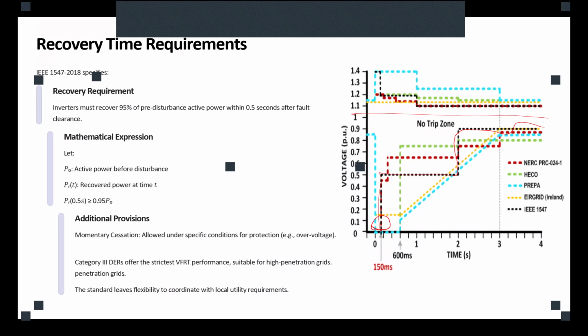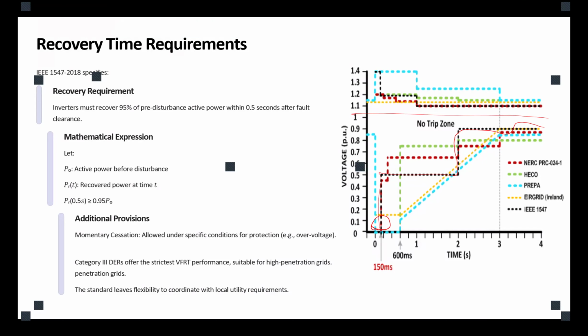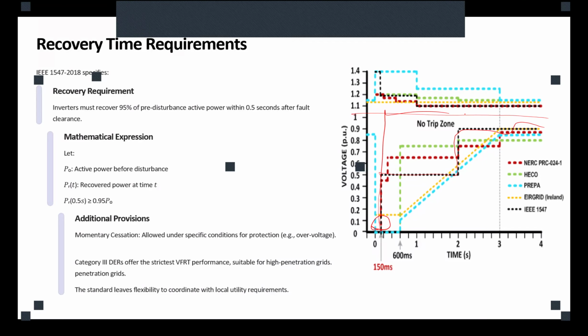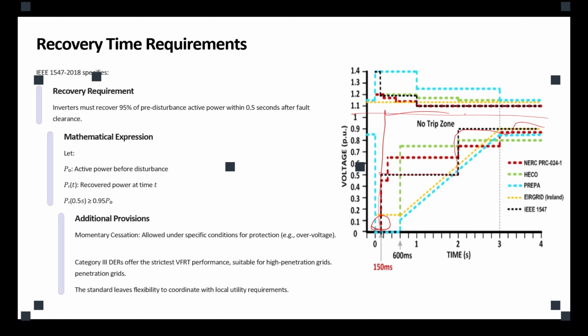Can anyone tell me what would happen if we instantly changed to the nominal voltage after the fault is clear? What was the role of the protection system?